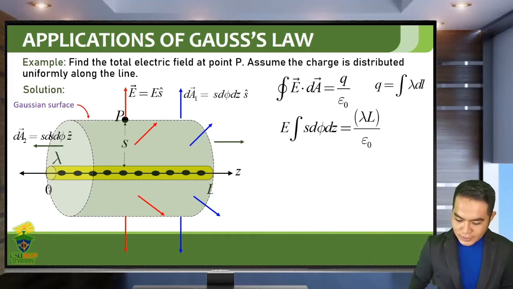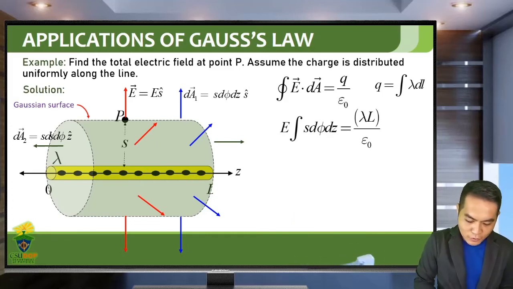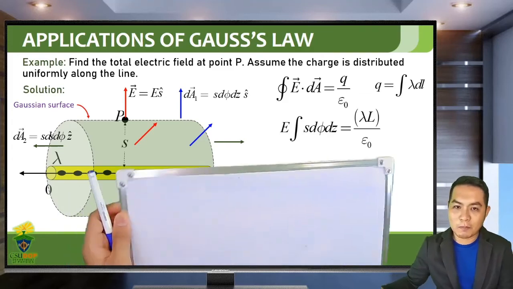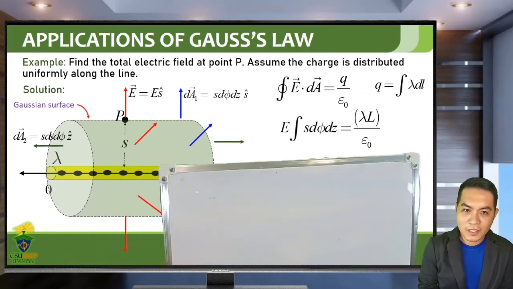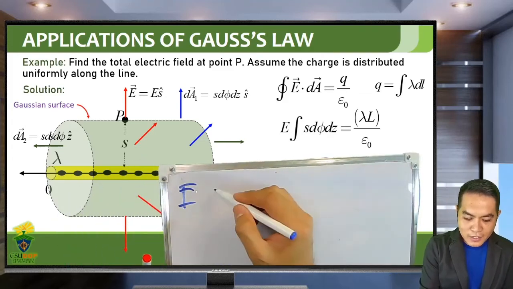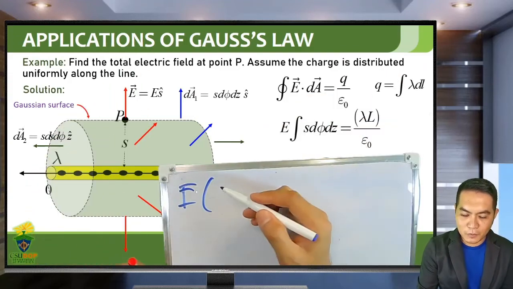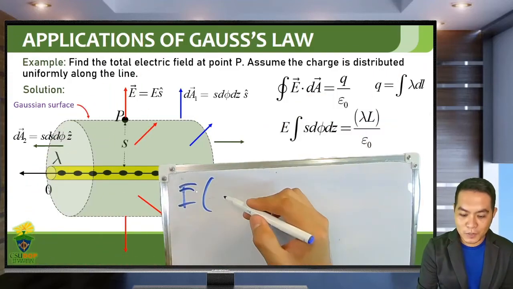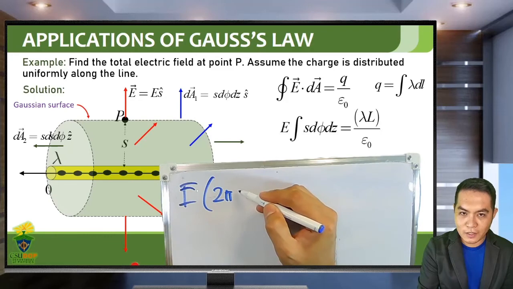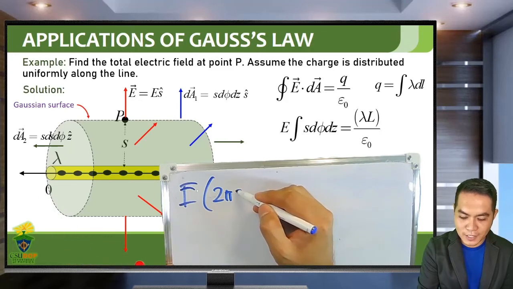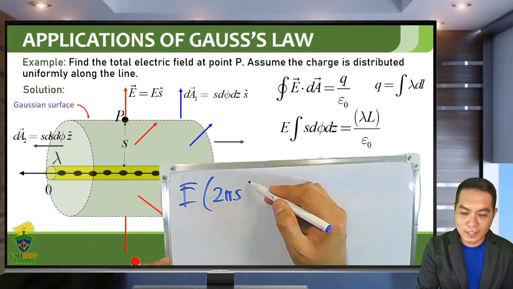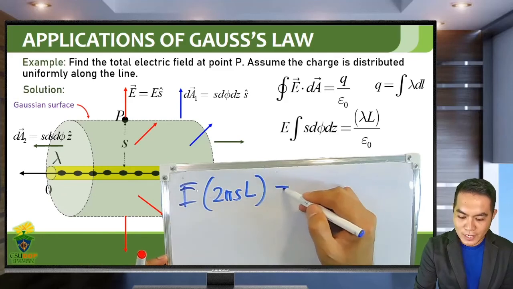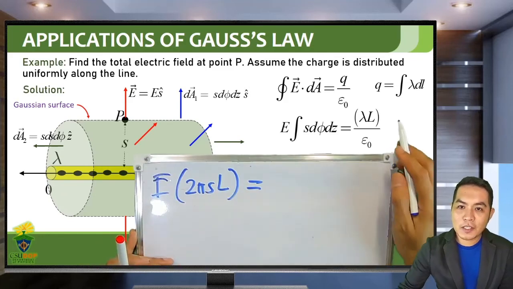Since that is the total surface area of the body of the cylinder, that integral will just be equal to the area of the body of the cylinder, which is 2 pi. In this case, our radius is S and our total length is L, so 2 pi SL. And this will be equal to the charge enclosed in this case.